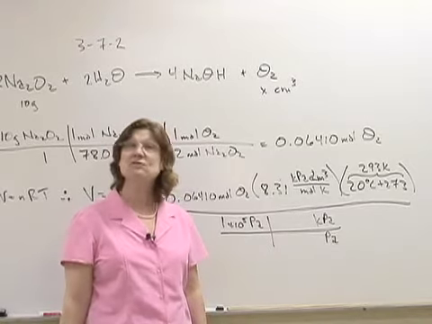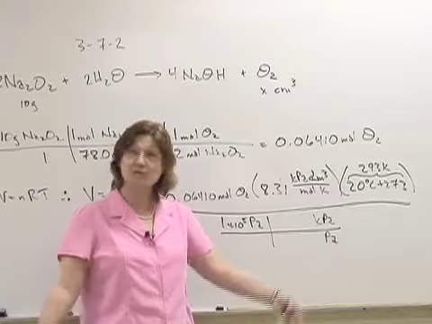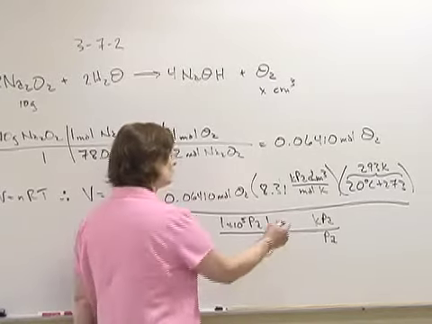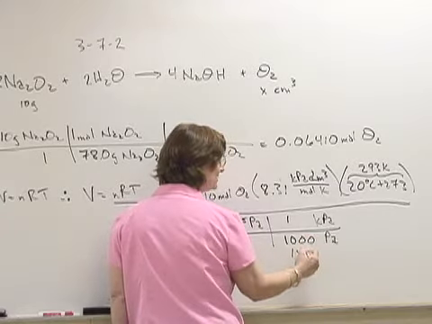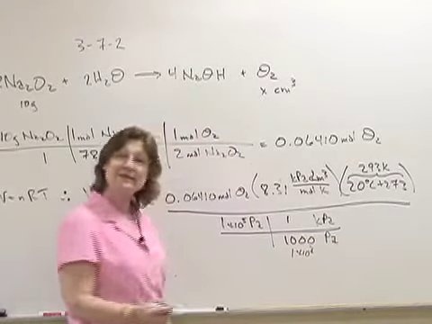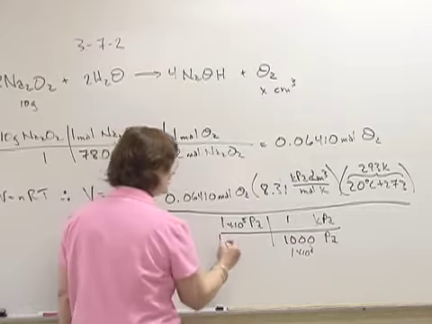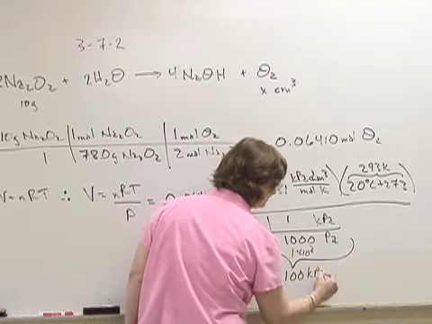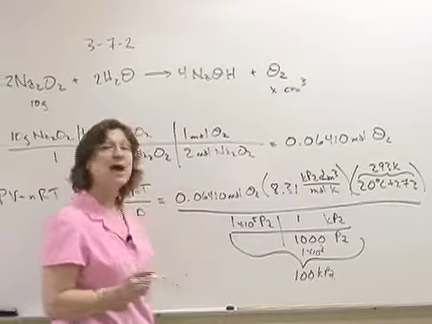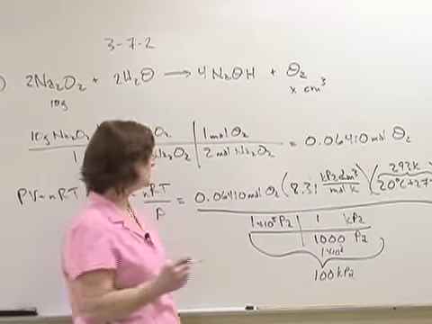And there are 1,000 something or others in a something or other. So I know that I must put 1 to 1,000, or 1 times 10 to the 3rd. And what this gives me then is 100 kilopascal.